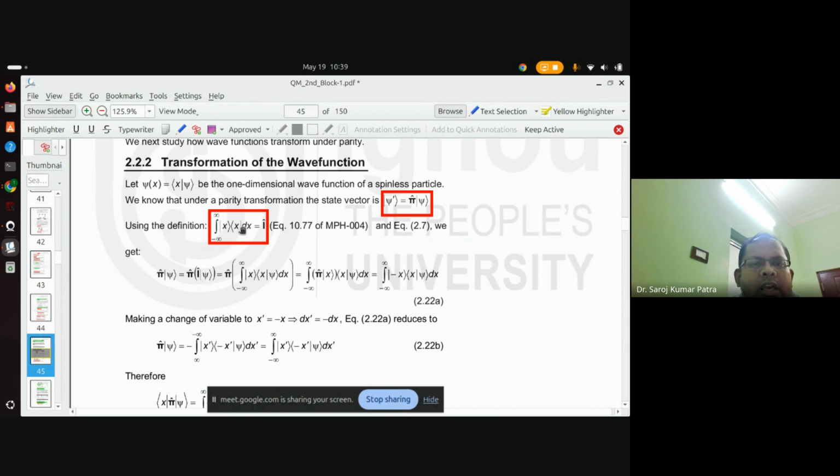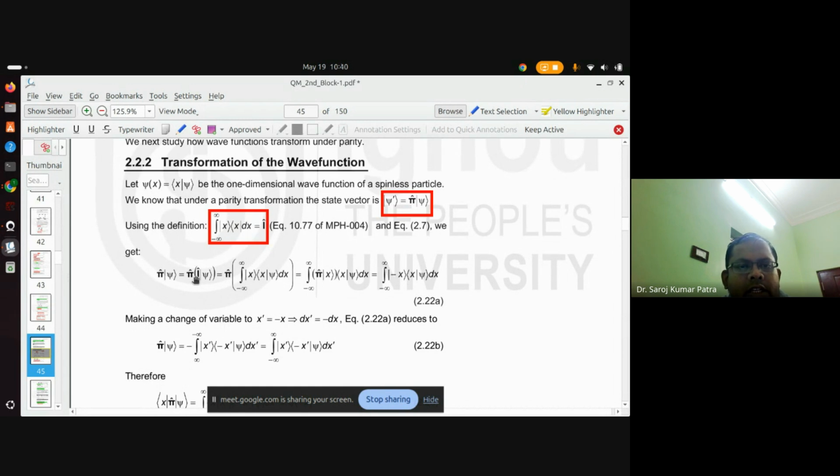And for the identity operator, I can write the integral from minus infinity to infinity of |x⟩⟨x| operating on ψ dx. So from this step to this step, I'm using this definition.